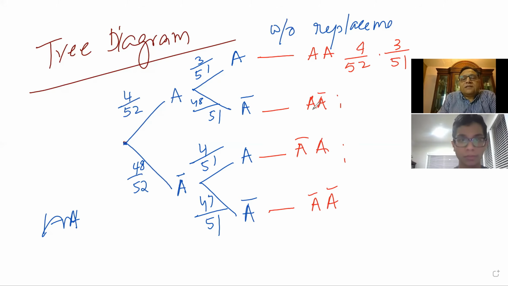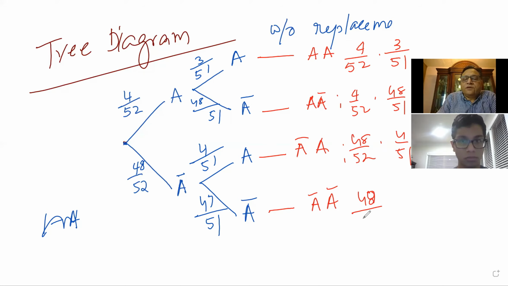So in this case, it is 4 over 52 times 48 over 51, the probability of getting A's in the first chance, but not A's in the second chance, right? And here we have 48 over 52 times 4 over 51, and this is 48 over 52 times 47 over 51, right?